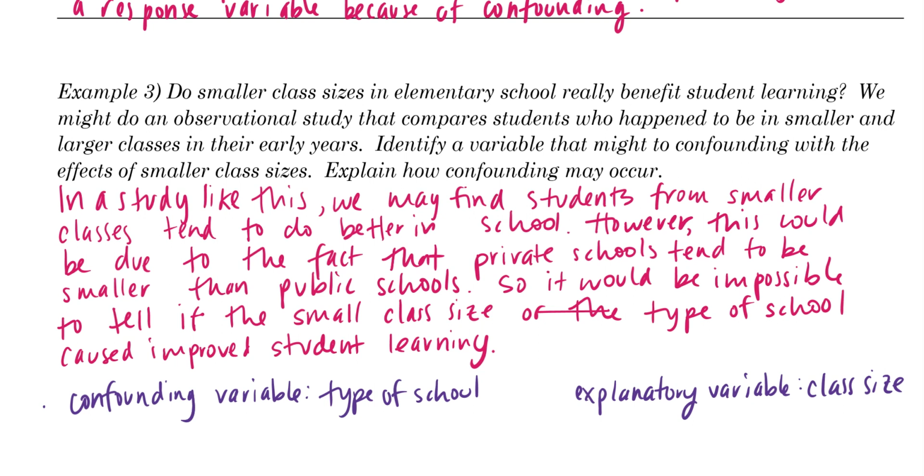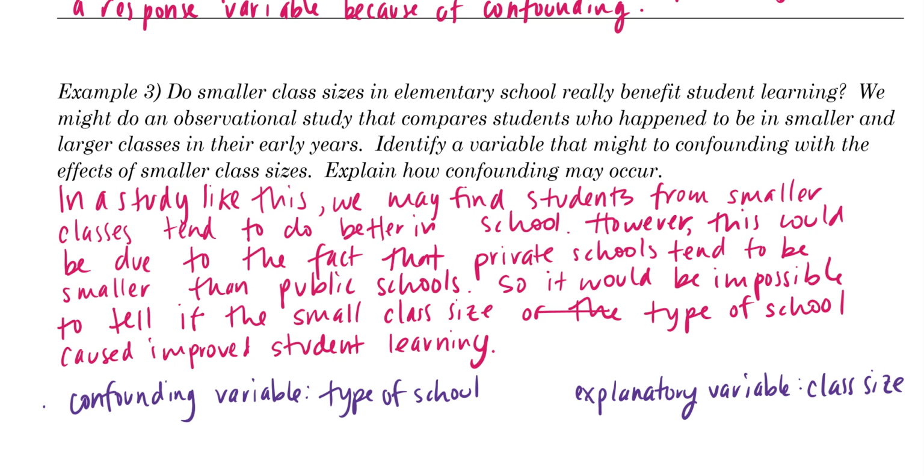So more than likely, you have students who are wealthy going to private schools with small class sizes, and then you have everybody else going to public schools. And at the end of the day, again, perhaps wealth could be a confounding variable. And again, you wouldn't have any idea whether the wealth and that affluent lifestyle caused a student to have a high GPA, or if it was class size. So there's a million different types of confounding variables here.